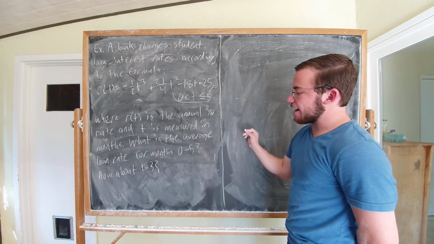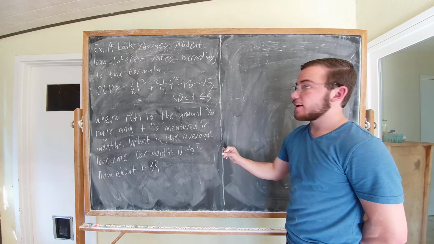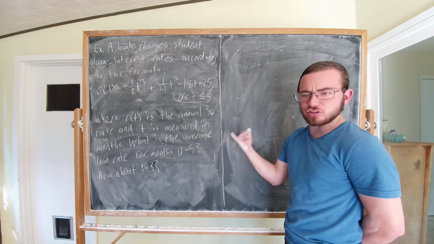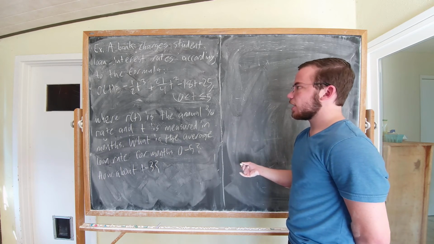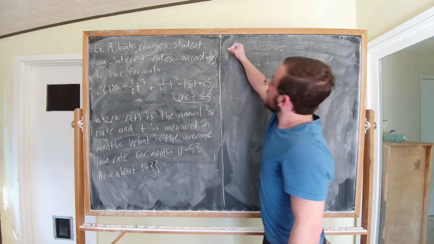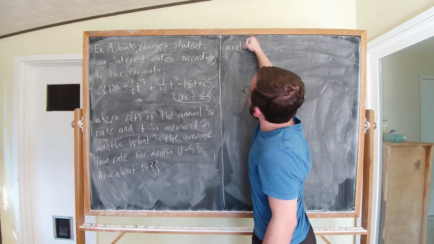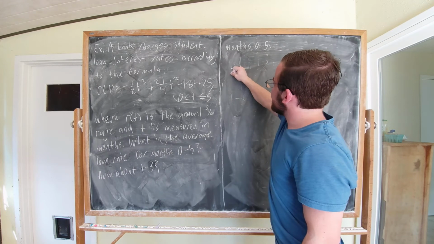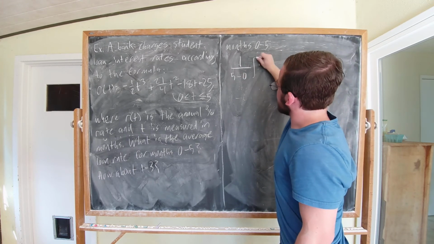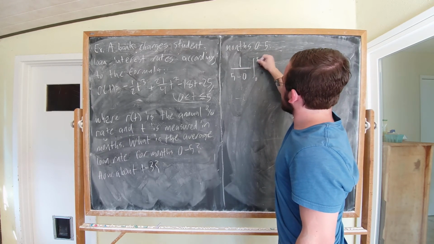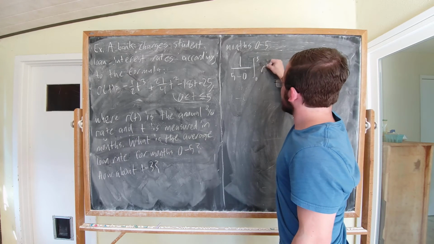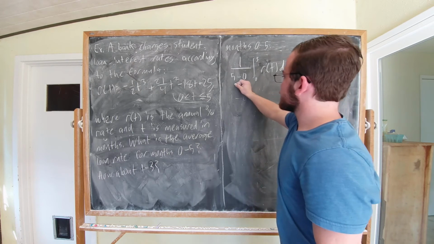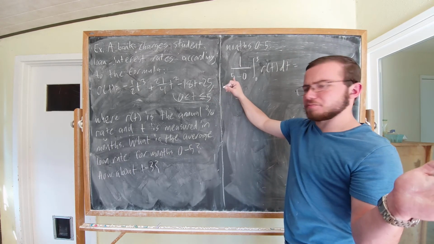Well, if we're trying to find the average value for months 0 through 5, that's as t runs from 0 to 5, because t is measured in months. Therefore, our answer is we're going to take 1 divided by 5 minus 0 times the integral from 0 to 5 of r of t dt, applying the sum rule and scalar multiple rule.